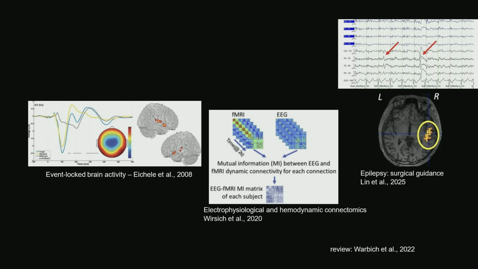We can look at correlations between EEG and fMRI to try and localize seizure onset zones for planning surgeries in epilepsy. And it may also be possible to learn information across these different modalities. So can we train machine learning models to reconstruct some fMRI information from EEG and vice versa?